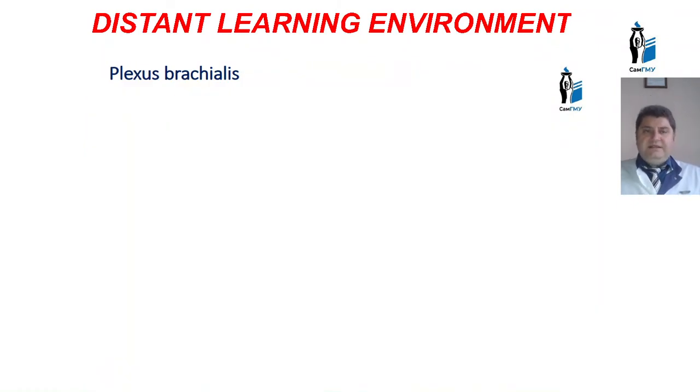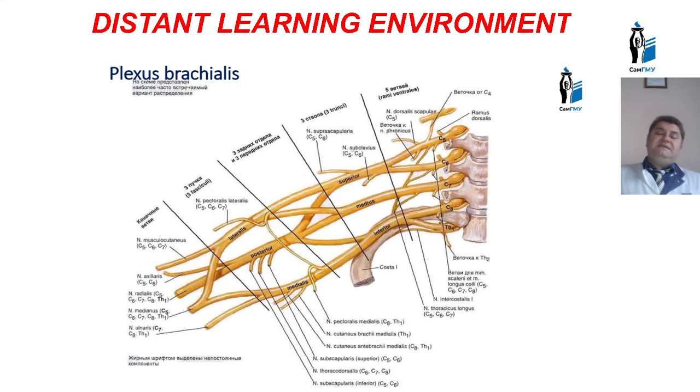And now we talk about the nervous system, about the plexus brachialis. First you must know that the plexus brachialis is one of the somatic nerve plexuses, and it is also formed by the anterior branches of spinal nerves.